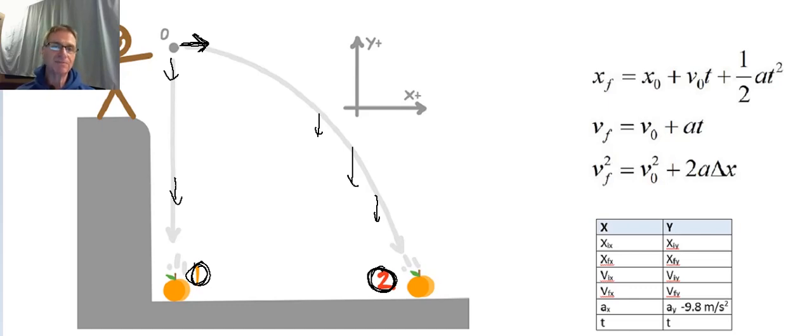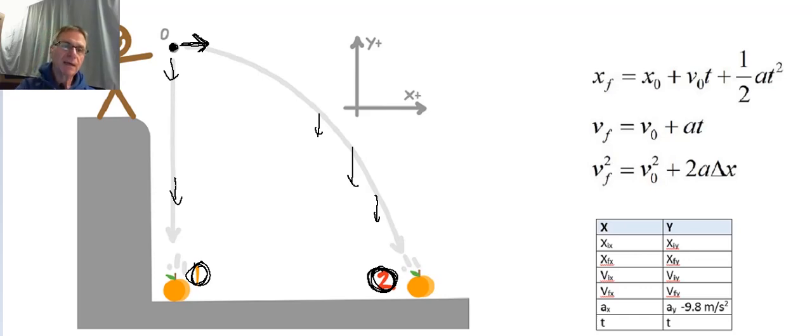In fact, if we looked at it, when peach number 2 leaves the gingerbread man's hand, it has only an x component to its velocity.